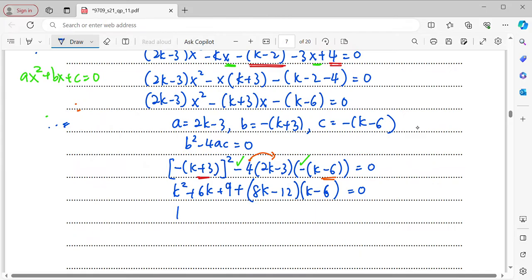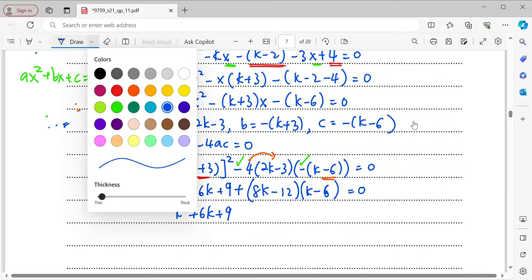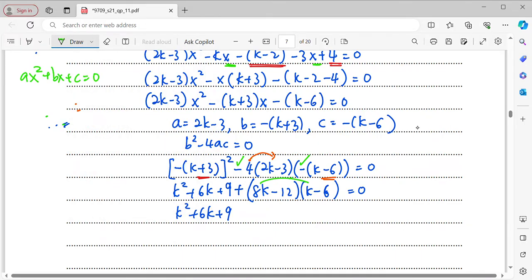The first three terms I just rewrite. Now you do expansion. Then you will be getting 8k squared. 8k times minus 6 will be minus 48k. Minus 12 times k will be minus 12k.